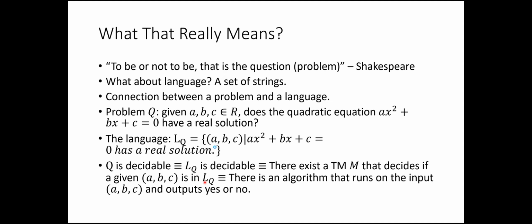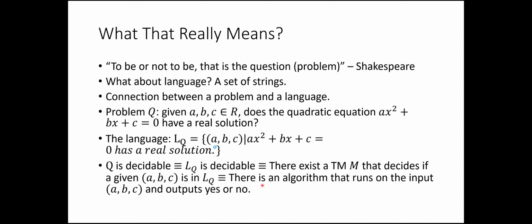So this is called the membership test. To test whether a given string is in this language. Okay, so if we can find such a TM, then Q is decidable.